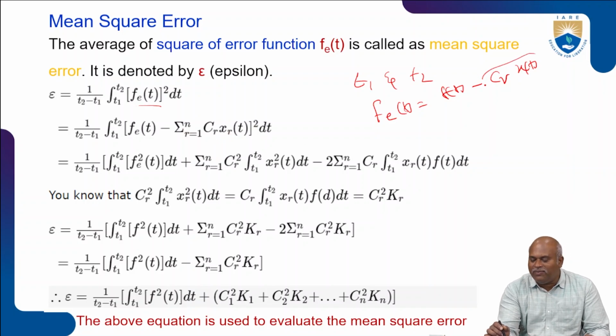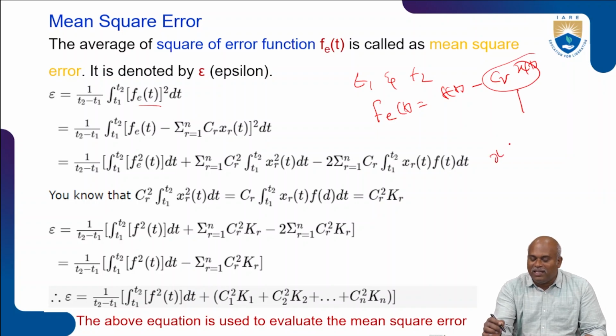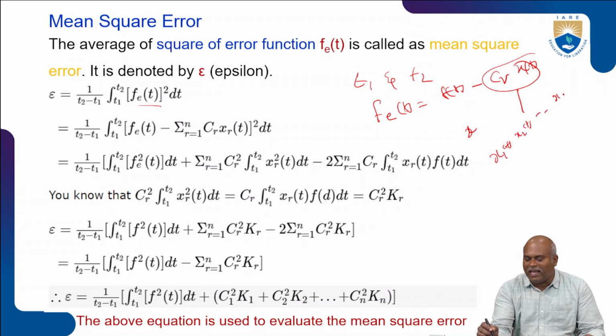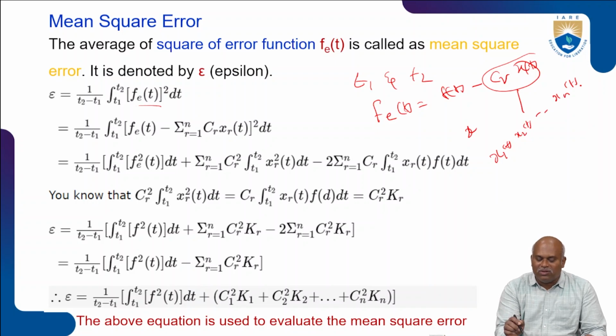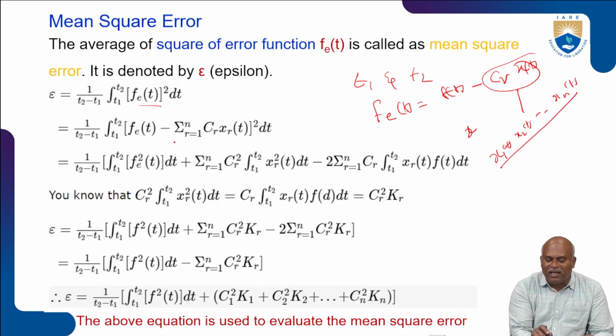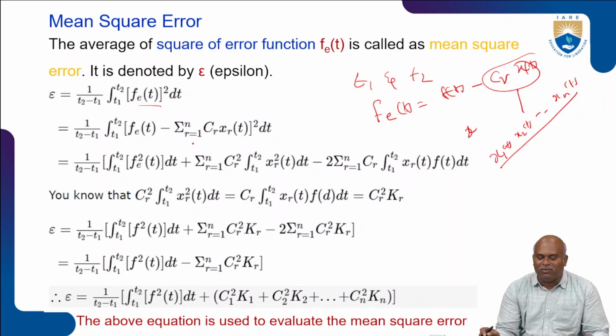This value we divide for the many signals in the x direction in the three-dimensional case, x1(t), x2(t) up to x_n(t). For all those cases, I use the summation of r equal to 1 to n.